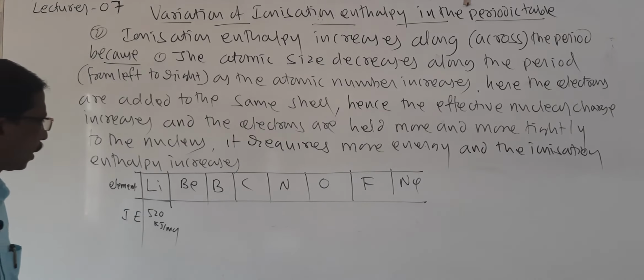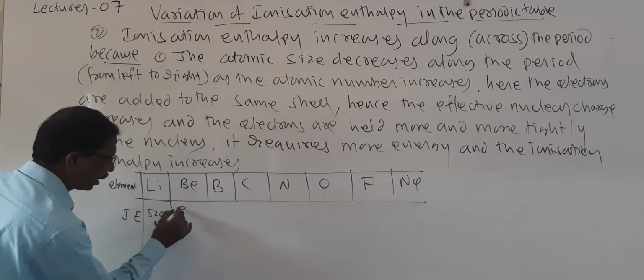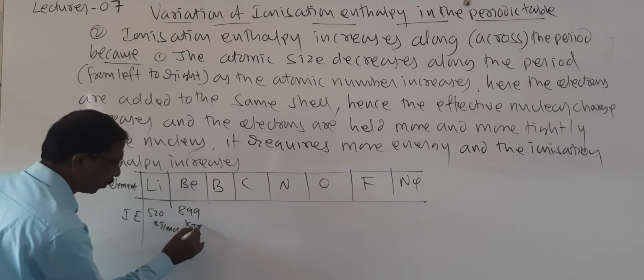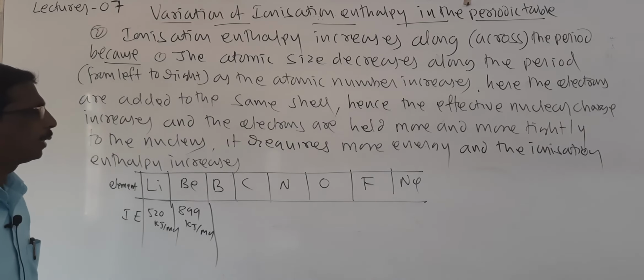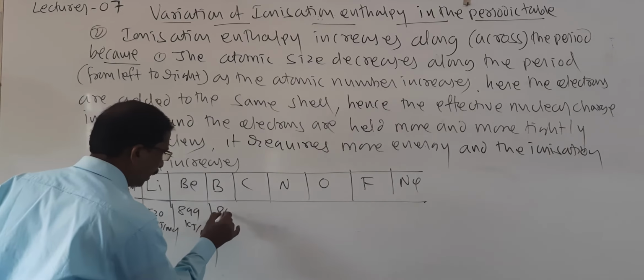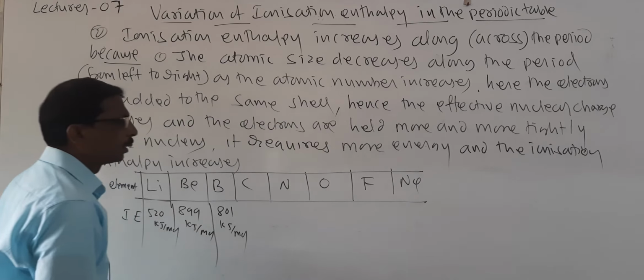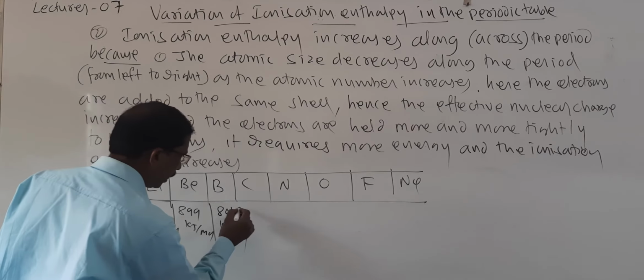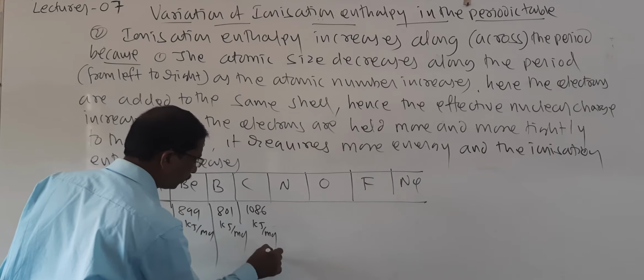You know it. And then the second one, remember students, it is 899 kilojoules per mole. And boron, 801 kilojoules per mole. And carbon, it is near about 1086 kilojoules per mole.